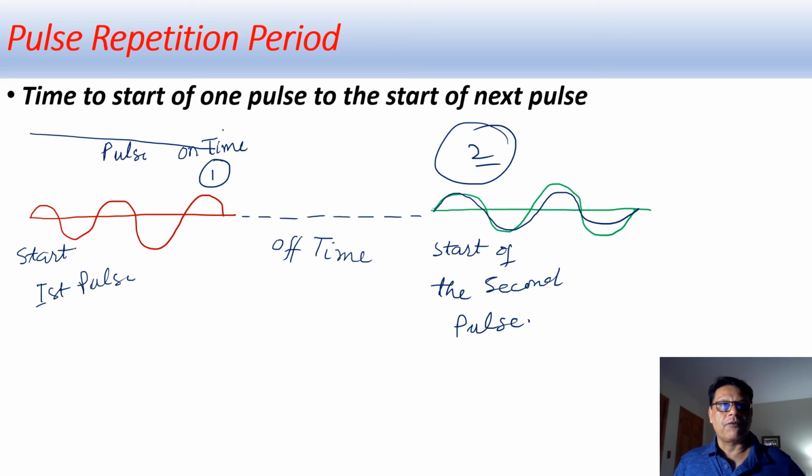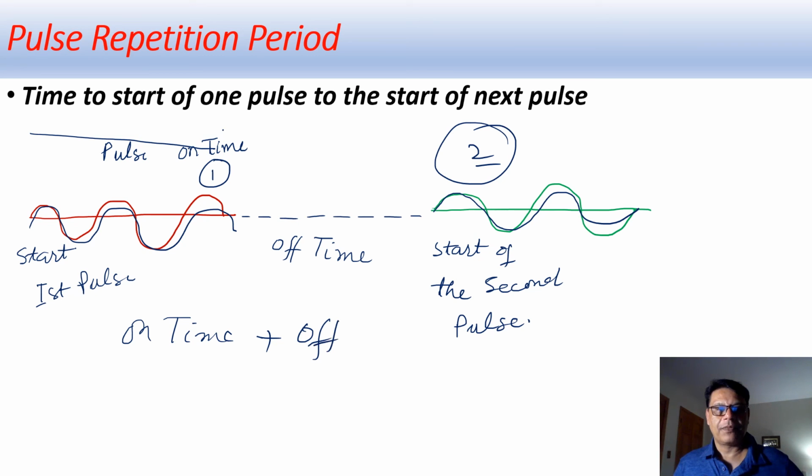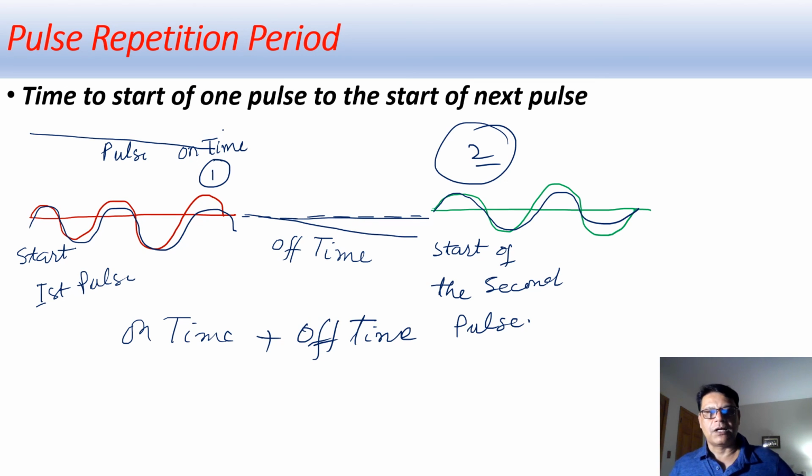The time from the start of one pulse to the start of the next pulse. So two types of times will be included. Number one, on time, plus off time. So you will pass the on time and off time, then the second pulse will be started.